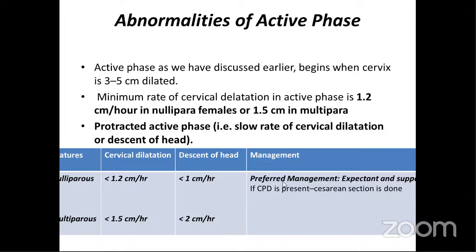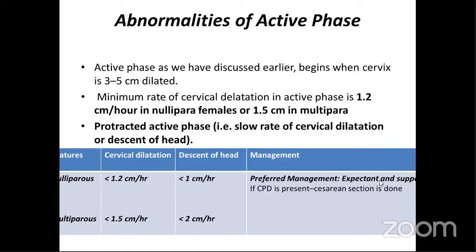So what do you do when there is a protracted active phase? Expectant and supportive management can be done if CPD is ruled out, that is, there is no cephalopelvic disproportion. In that case, you can augment the active phase by giving oxytocic drugs and supporting her, ensuring adequate uterine contractions so that the cervix dilates at a proper rate and the head descends well.